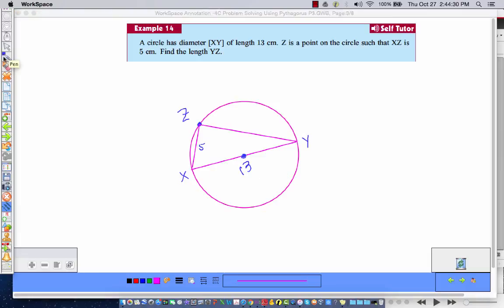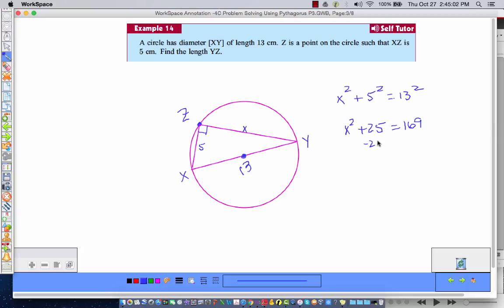Okay. And what we have done is we have formed an angle inside of a semicircle, so I know that it's a right angle. And with these three segments here, I have a right triangle. So I'm going to call this x, and that'll represent the length of YZ. So using our friend Pythagoras, x squared plus 5 squared is equal to 13 squared. x squared plus 25 is equal to 169.